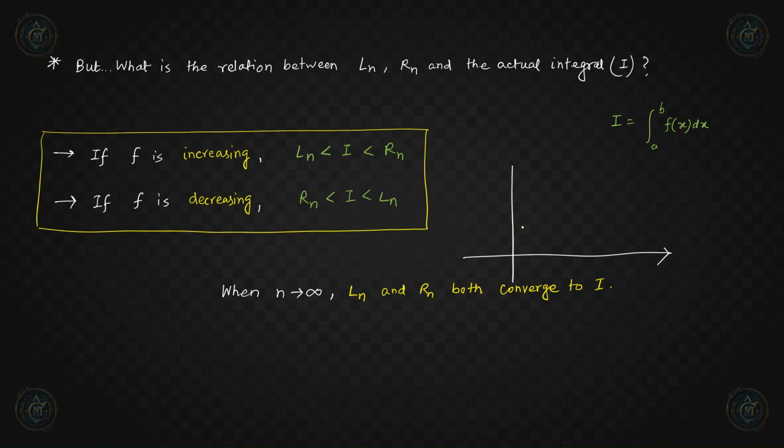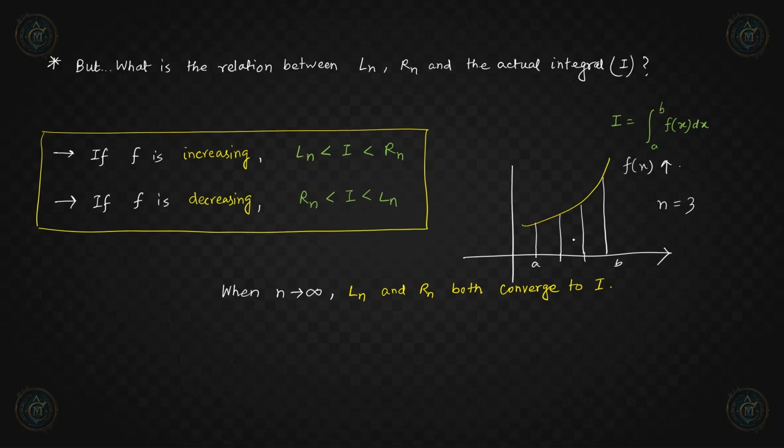Then we take this interval here, and we simply take the case n equal to 3, a simple case to understand. So this function is increasing, right? f(x) is increasing in this interval a to b. So we first divide the interval into 3 equally spaced subintervals. Then we construct the rectangles.